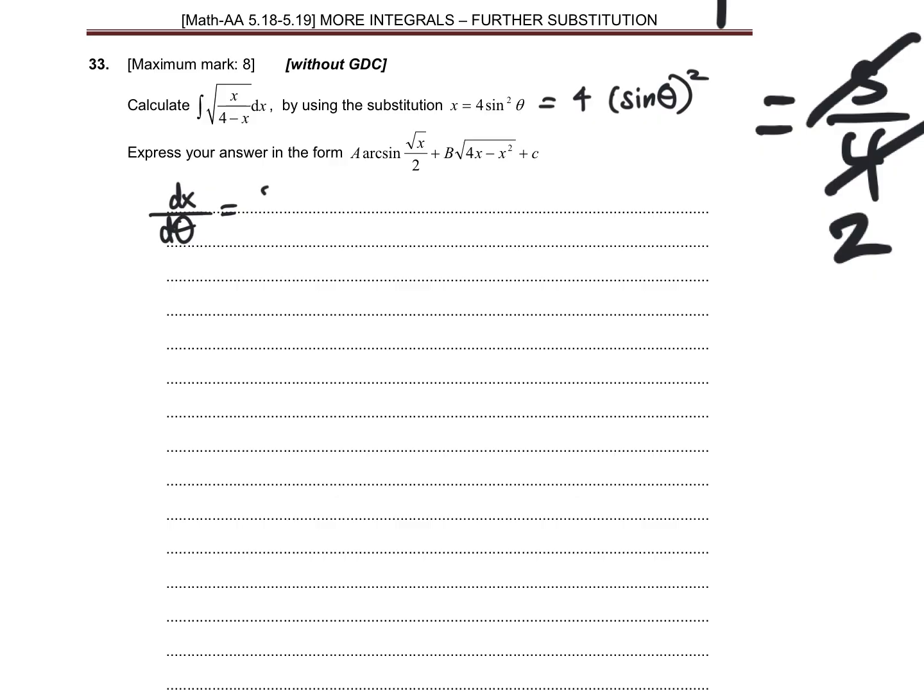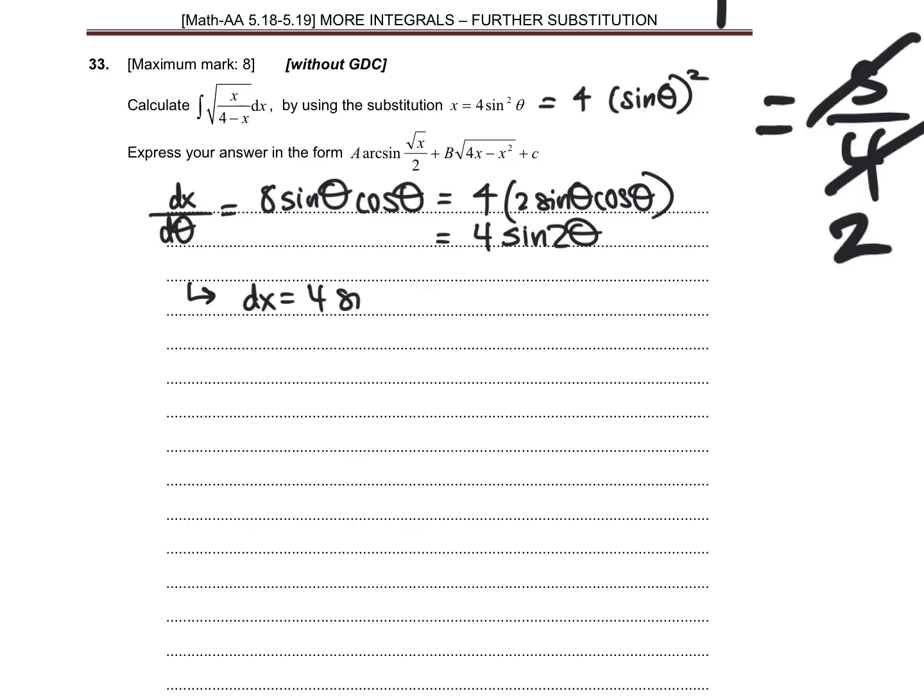So dx d theta is 8 sine theta to the 1, and then times the derivative, which is cosine theta, and we can write this as 4 times 2 sine theta cosine theta, which is 4 sine 2 theta. I don't know if we need that, but we might. And then we'll see what's going on if we need d theta or whatever. So dx is 4 sine 2 theta d theta when we cross multiply.